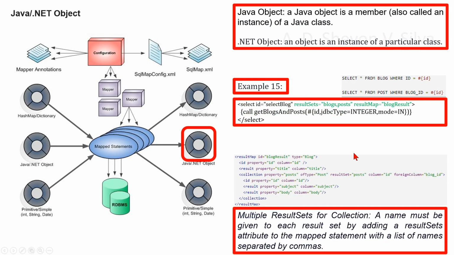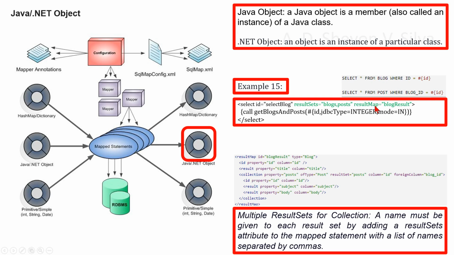Now we are considering multiple results for a collection. As we did for the association, we can call the stored procedures that execute two queries and return two result sets, one with blogs and another with posts.